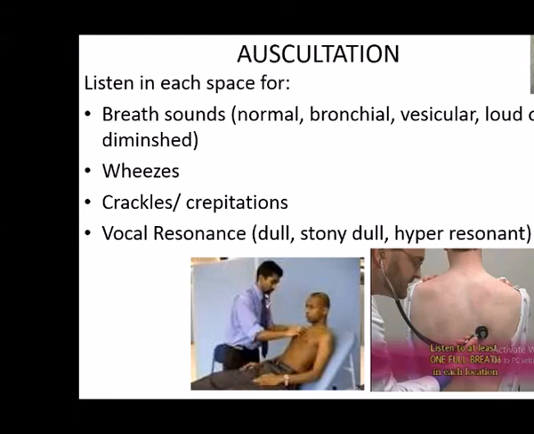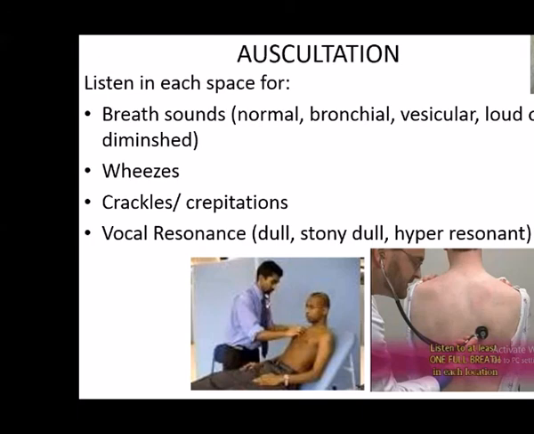Egophony is like somebody has a nasal twang, speaking through his nose. Similarly, there is whispering pectoriloquy, that is, somebody is whispering in your ear. These are some of the ways we describe vocal resonance.